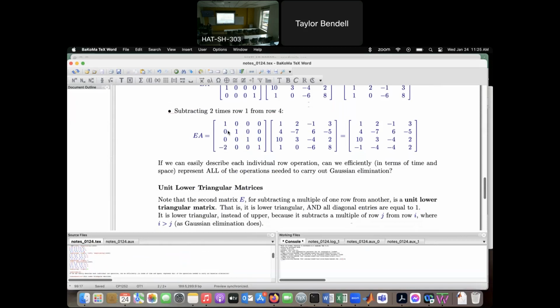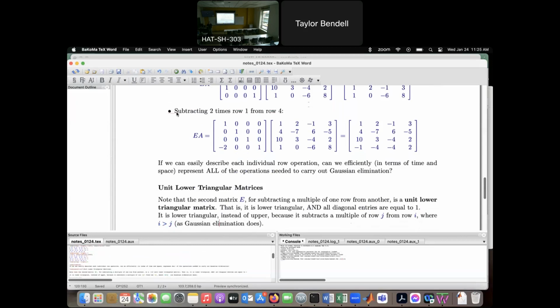The reason it's lower triangular is that when we're performing Gaussian elimination, we're subtracting a multiple of one row from another. It's a multiple of row j from row i, but we always have the situation that i is greater than j, because we're performing a row operation to eliminate aij, where aij is below the diagonal.